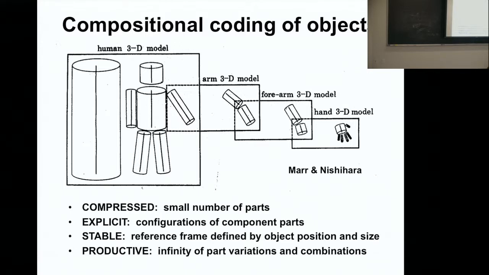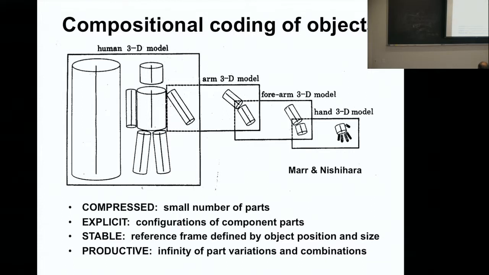So the latest name for this that I like is compositional coding. Marr and Nishihara here show how that would work for the human form: you could represent the coarsest level of the human form in terms of three-dimensional cylinders corresponding in length, width, orientation and spatial arrangement to the torso, the head, the two arms, and the two legs.